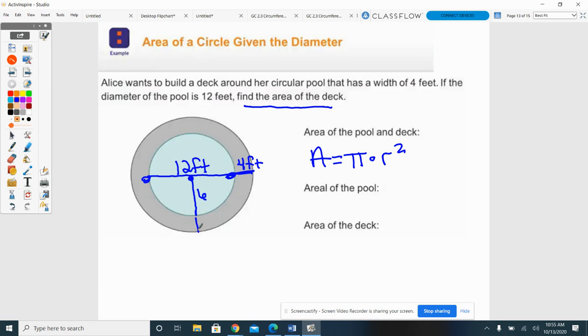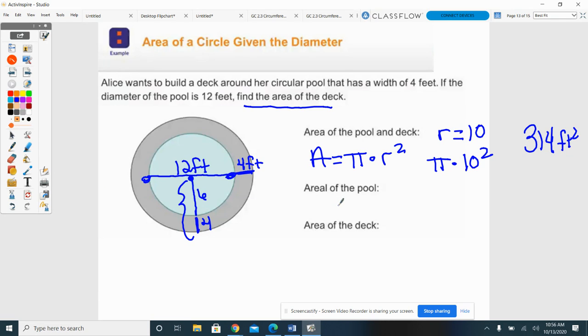Then the walkway is 4. So that gives us the radius of the big thing as being 10. So that's pi times 10 squared, or 3.14 times 10 times 10. And that gives us 314 square feet for the whole thing.